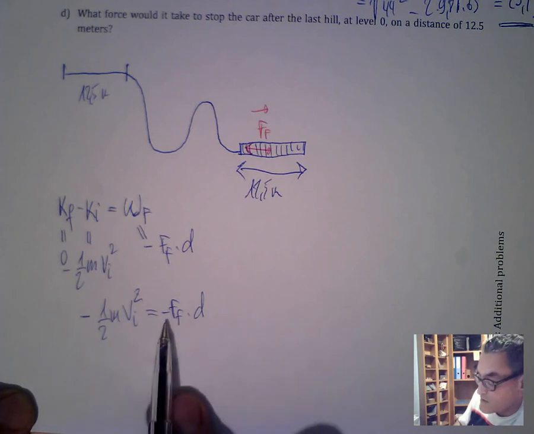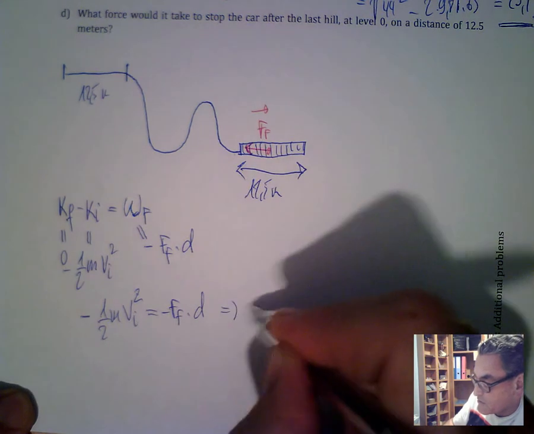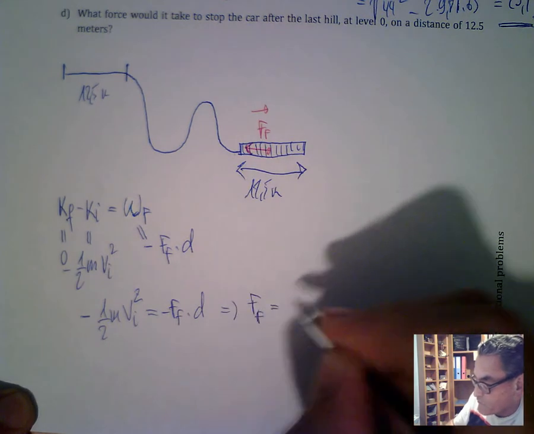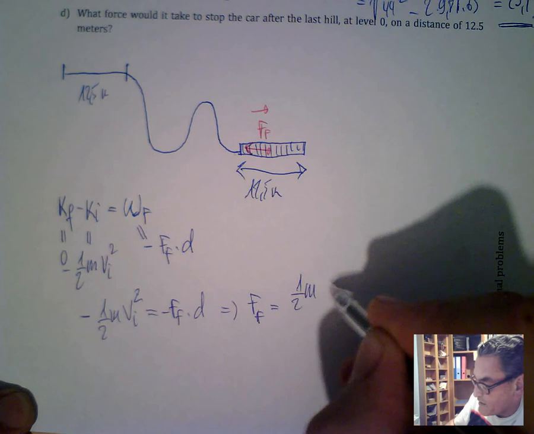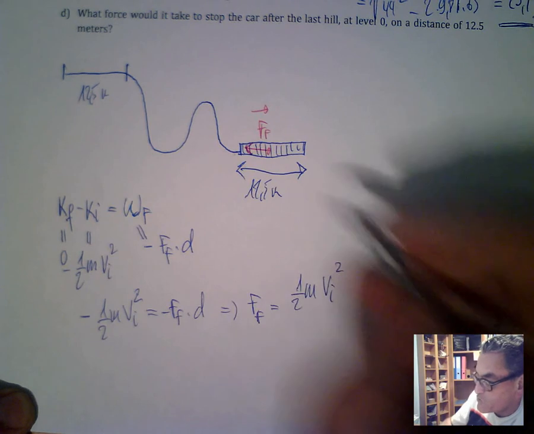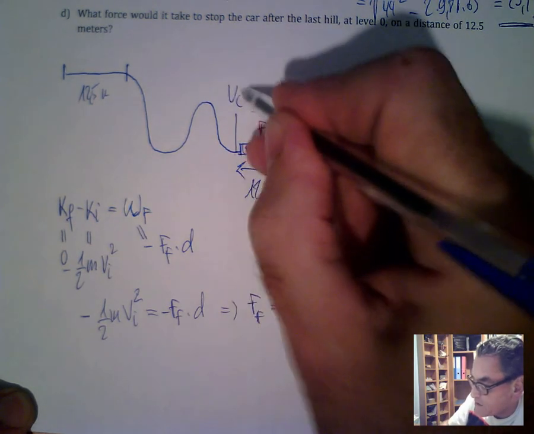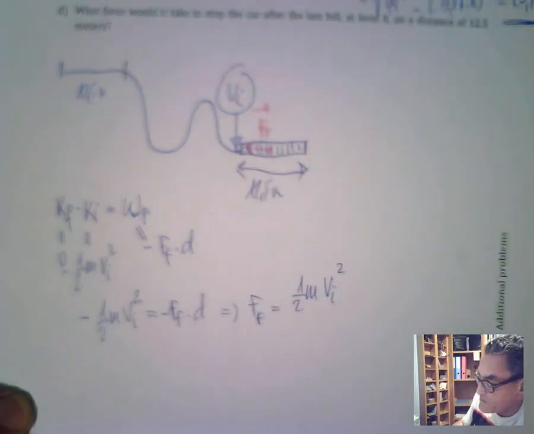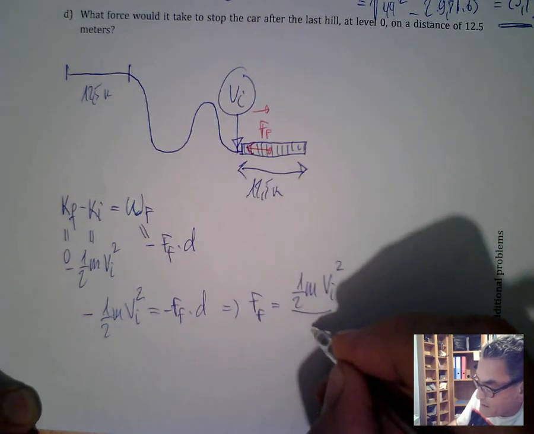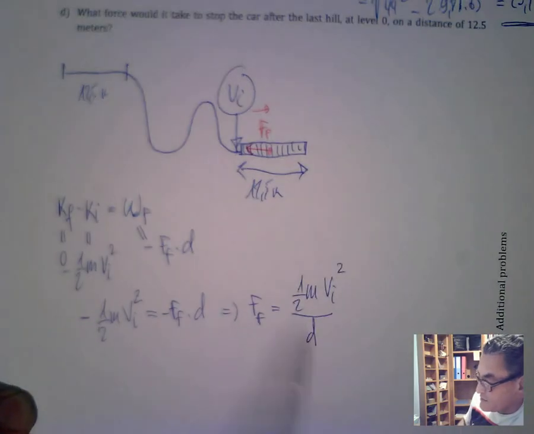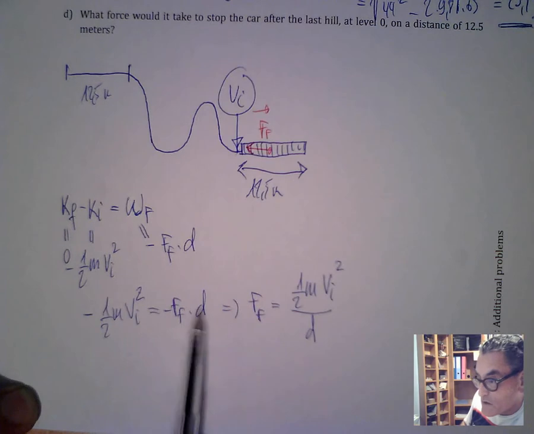Okay, these two minus signs, they cancel, and therefore I found now that the friction force is going to be given by 1/2 m vi squared, where vi is the velocity in that point, okay, divided by the distance. Notice that the mass doesn't simplify here.